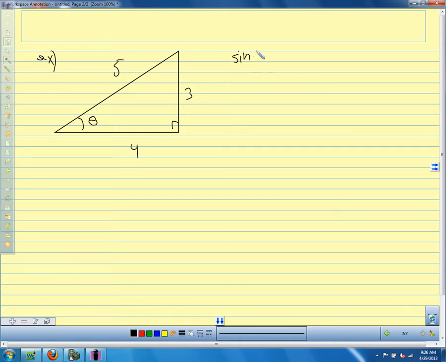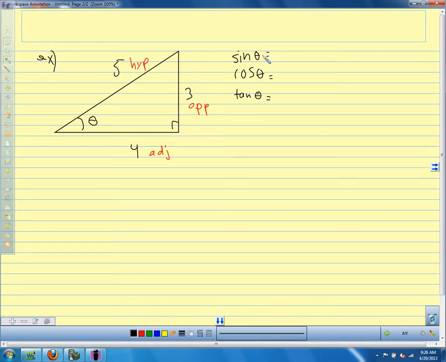And we want to find the sine, the cosine, and the tangent of theta. So let's do what we suggested on Friday and label the sides of our triangle: opposite, adjacent, or hypotenuse. Here's our angle. This is going to be the adjacent side. 3, is that the opposite or the hypotenuse? Opposite, so that leaves this for the hypotenuse.